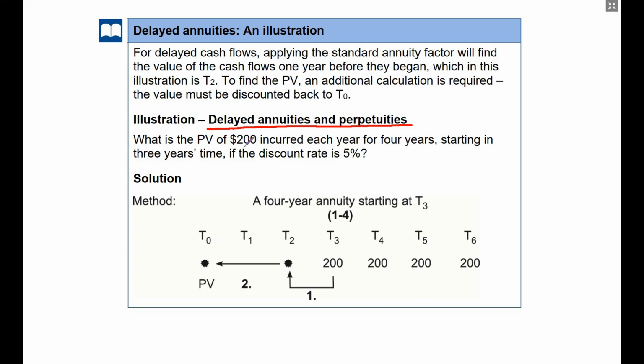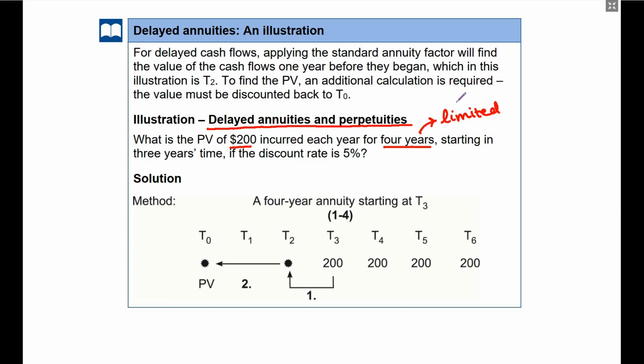What is the present value of $200 incurred each year for 4 years? So here we have limited years. So that means it cannot be the case of perpetuity where we have infinite years.